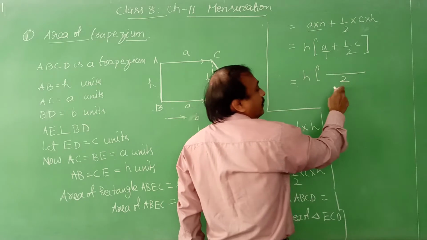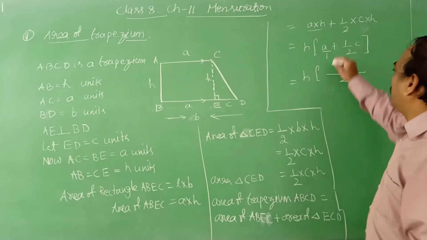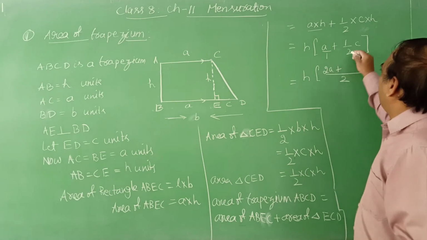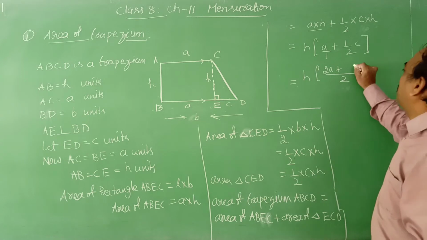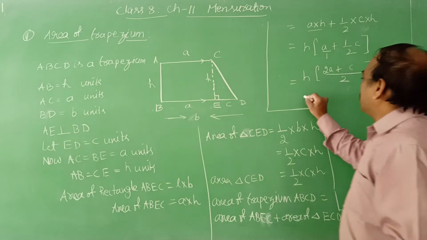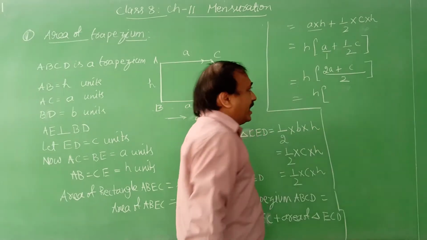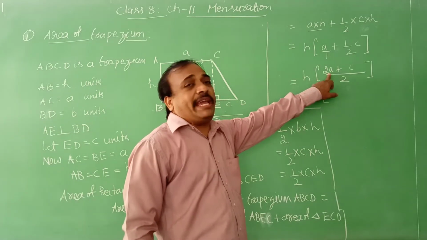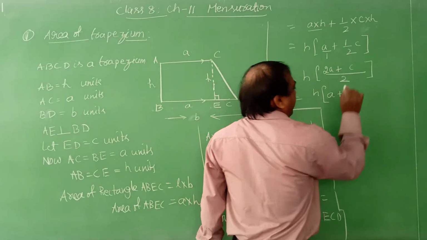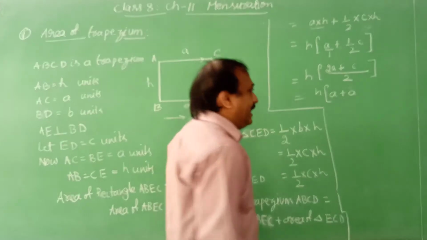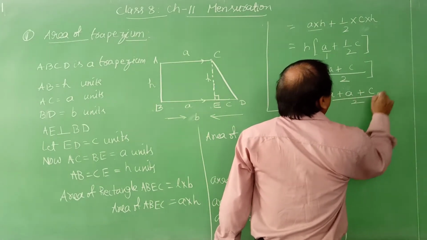When you divide by this LCM, 2 is the quotient, so 2 into A, 2A, plus 2 divided by 2 gives quotient 1, 1 into C as C. Which is equal to H into, now I am separating 2A plus C, writing 2A as A plus A, so A plus A plus C by 2.